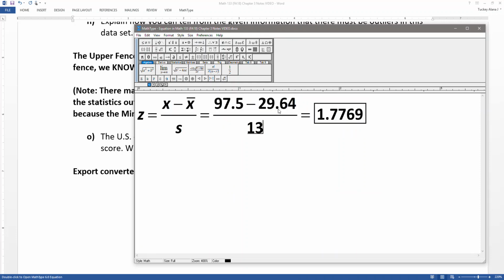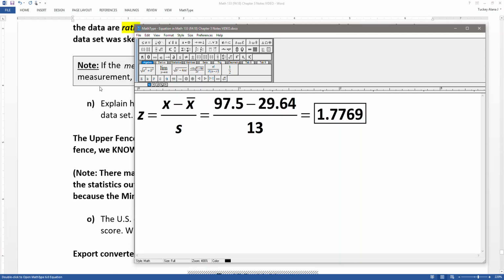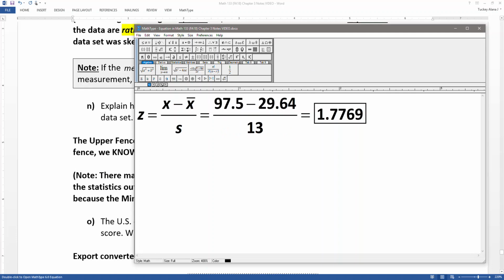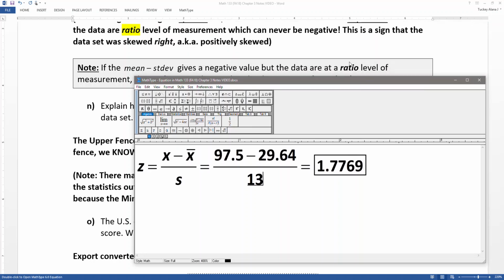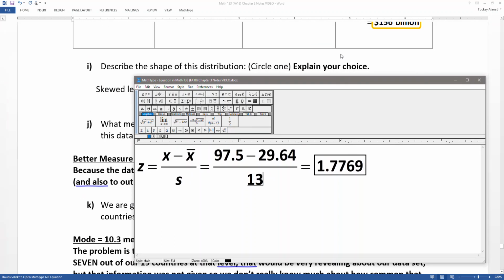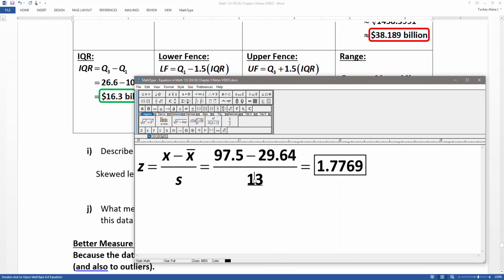If they gave us population values, then I'd use population values. All right, so I'm going to divide this by the standard deviation. I'm going to remind myself what it was, because we already calculated it. The standard deviation was 38.189, so I'm going to divide by that.